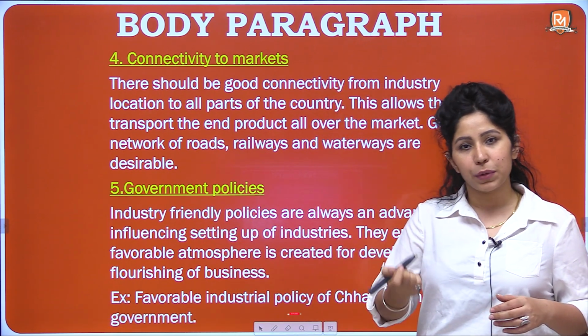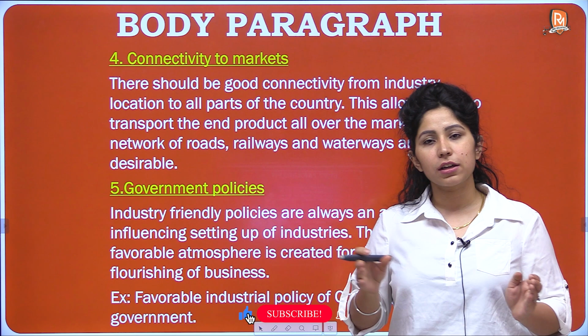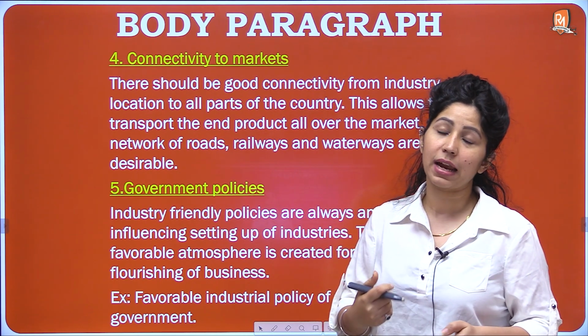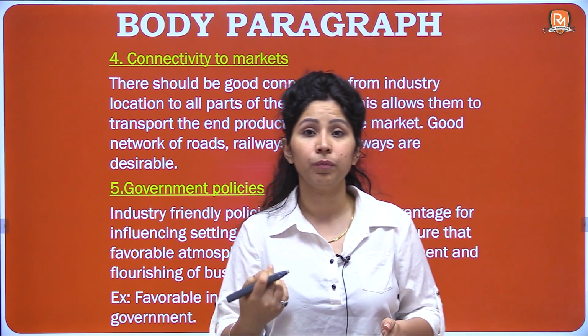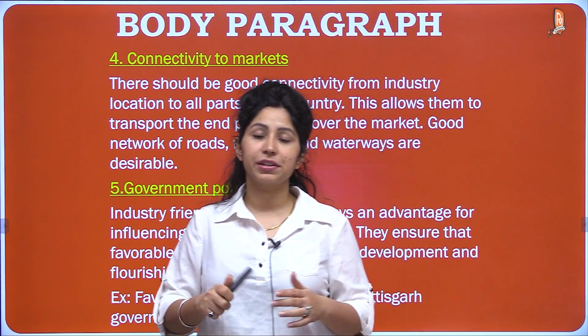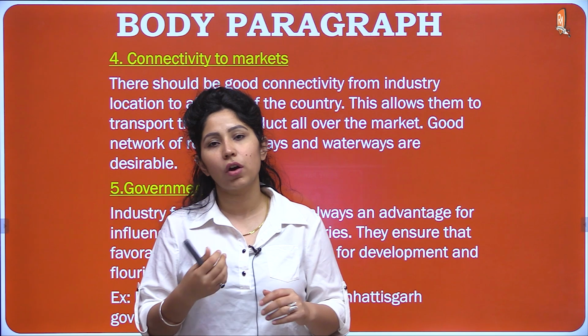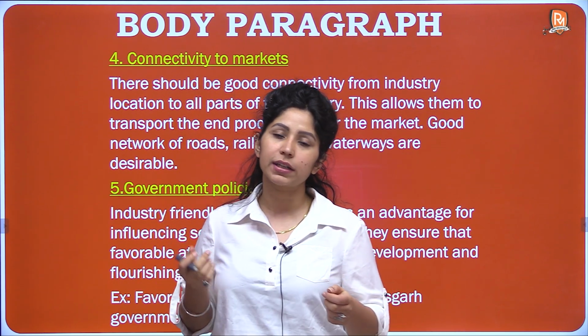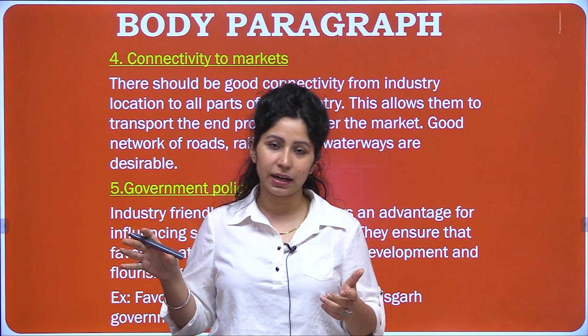The fifth one is government policies. If you are producing a finished metal or a finished good and the government is taxing your profits at a very high rate, or the government policies or environment policies of that area are not conducive for the setting up of industry, you might not be motivated to set up an iron and steel industry in that area.